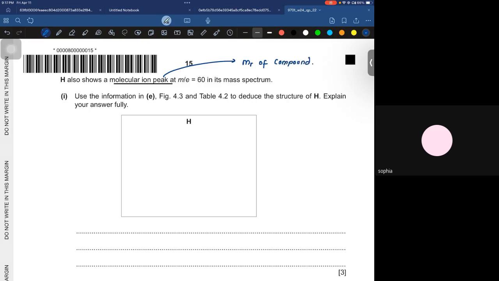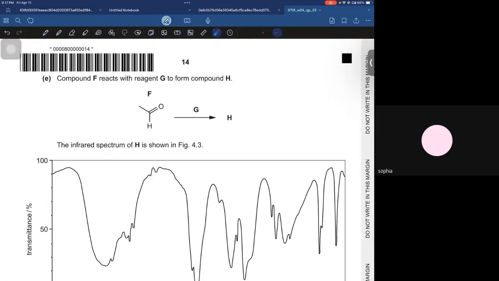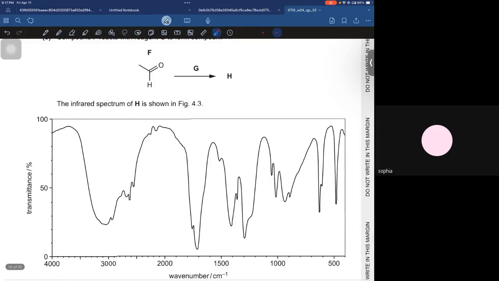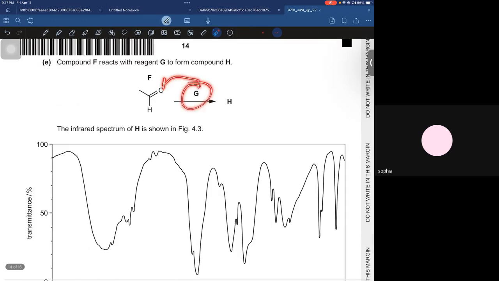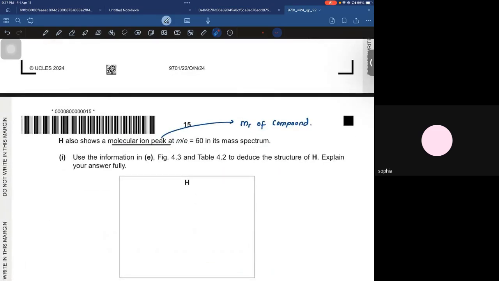Use the information in figure 4.3 and table 4.2 to deduce the structure of H. Explain your answer fully. I don't know what G is, and it is reacting with this to form H, but I know the molecular mass of the unknown product is 60. So I can predict something after looking at this.